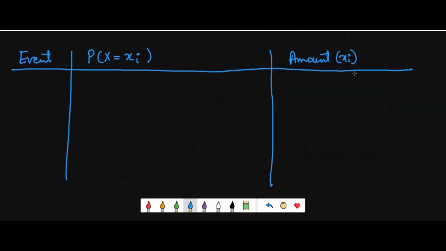So let us consider the first event. The first event is that both the balls are black. So two black balls.